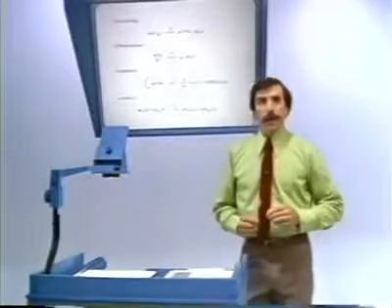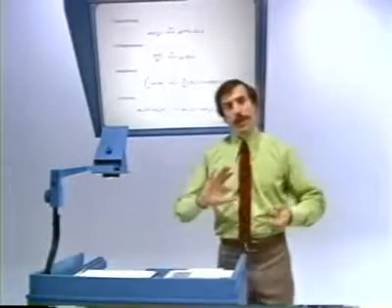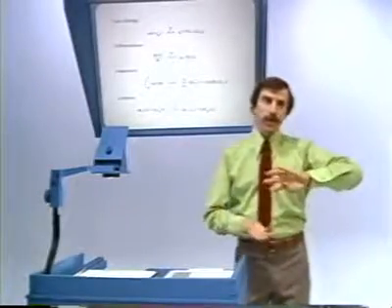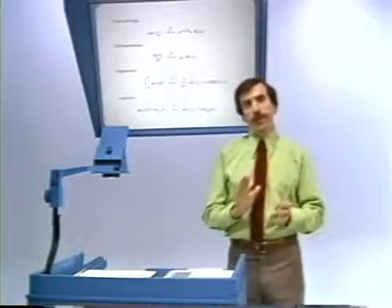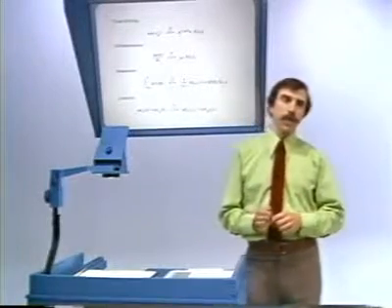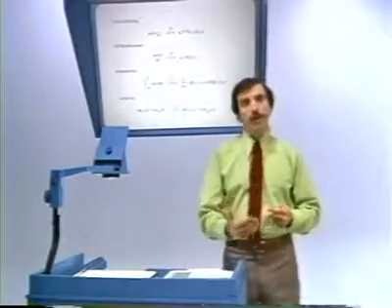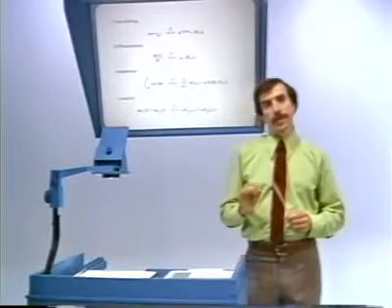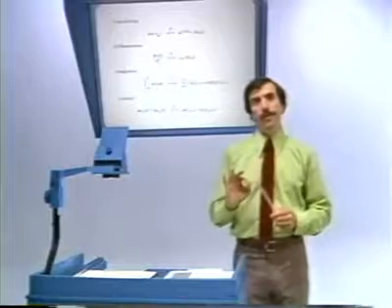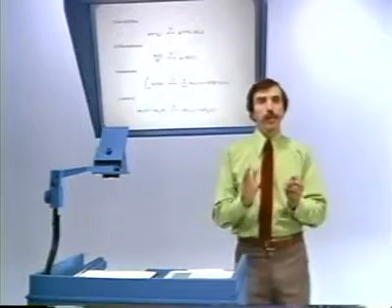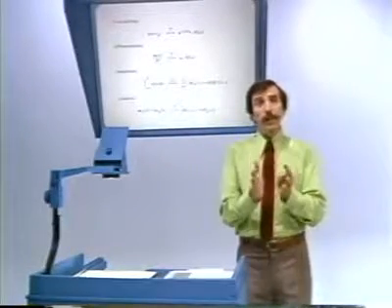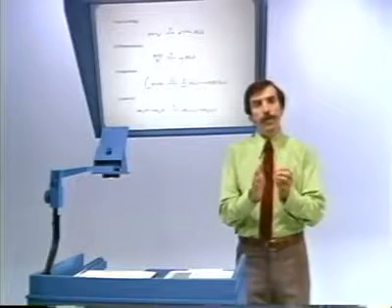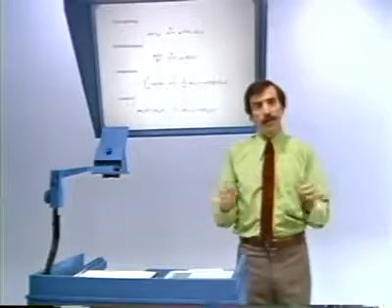Now, at first glance, you might think that the integration property is just the reverse of that. If for the differentiation property you multiply by j omega, then for integration you must divide by j omega. And that's almost correct, except not quite. The reason is that if you differentiate, you lose a constant.